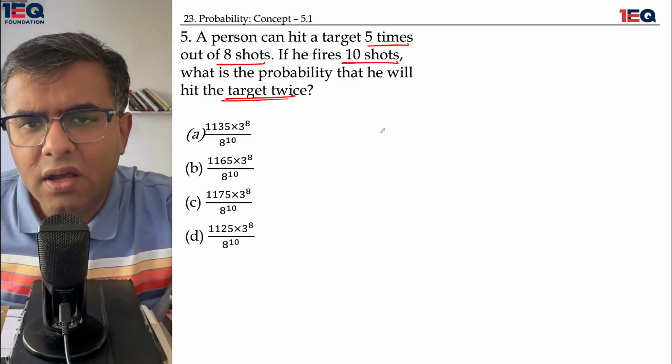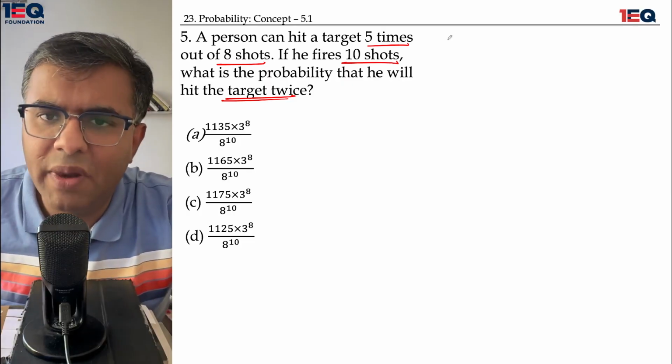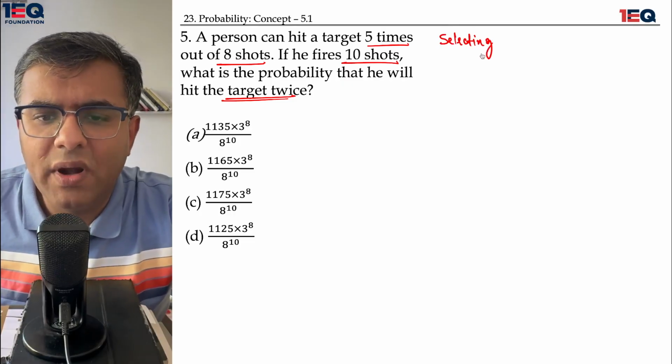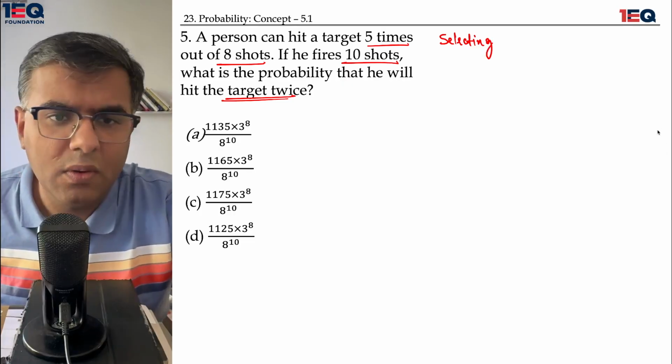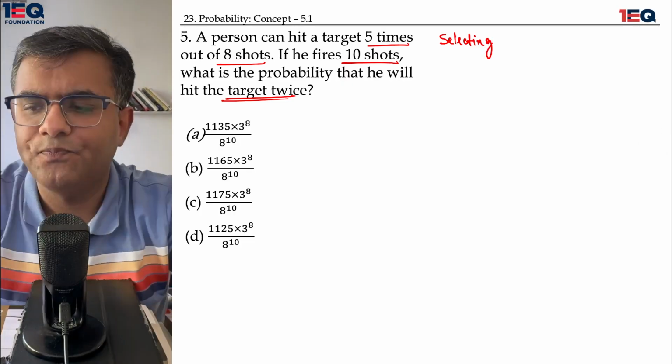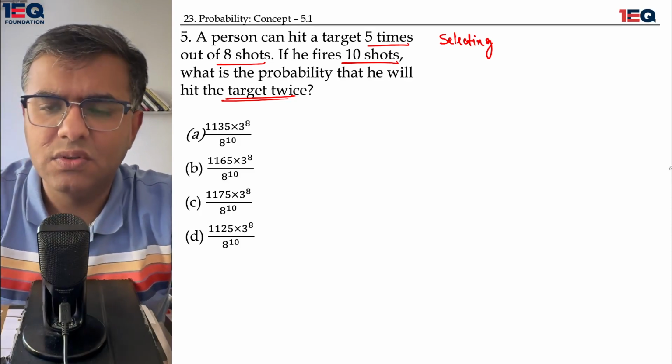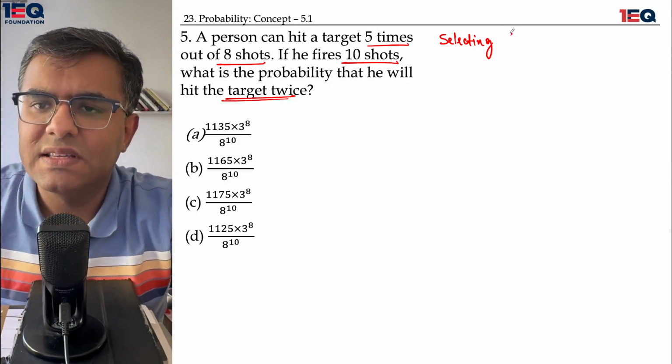Here we'll have to apply combinations because we are selecting things. What happens when we select things? We use the formula of C, which is called the formula of combinations.